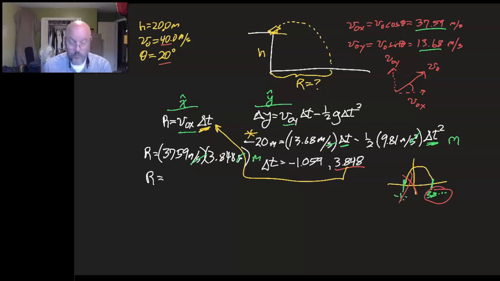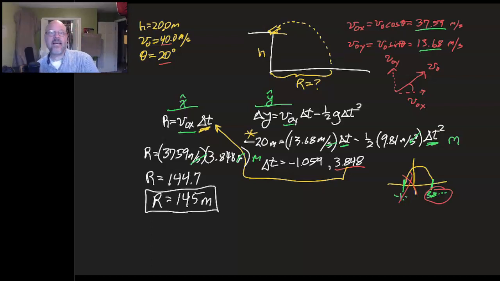And when we plug everything in, and again, I want to encourage you to do these calculations for yourself. Okay, play along. If we were doing this live in class, I'd be pausing to give you a chance to do the calculation. Again, you need that practice. You need to get good at it. Okay. And what we end up getting is 144.7. All right, and that's too many sig figs, so we'll bump it to 145 meters. Okay, just like that. Piece of cake, piece of cake.